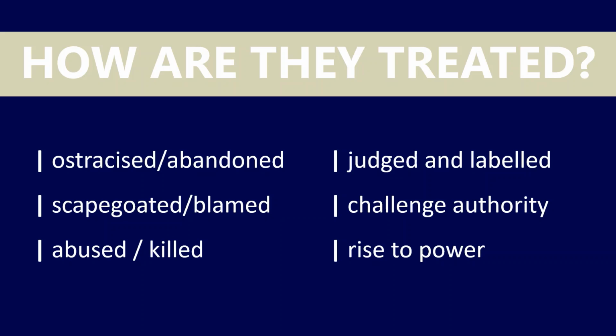Some characters are abused and even killed. So again, we see Tilly being abused. On the other hand, John Proctor is ultimately killed for being an outsider in this community and refusing to conform to what others want him to do. Some of these characters are judged and labelled. Others challenge authority. I think characters like Giles Corey and Rebecca Nurse would be really good to look at here.